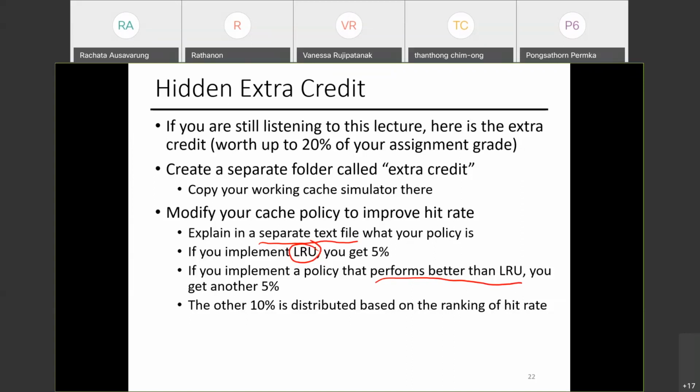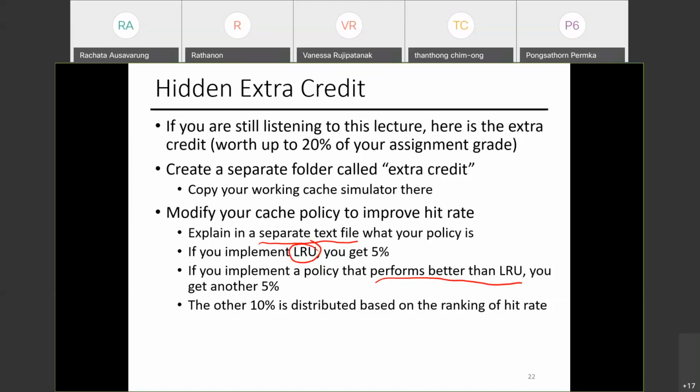Afterward, for people who attempt extra credit, I'm going to rank everyone based on the performance of your cache. You can get up to 10%. So this is the spectrum. If only one of you submits, by default, you get 10%. If two of you submit, one will get 10, the other one will get 5.